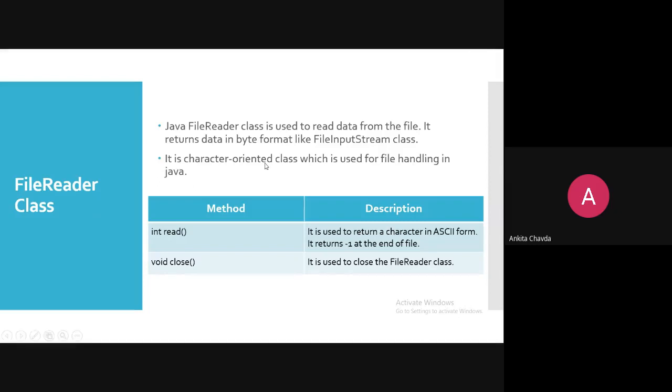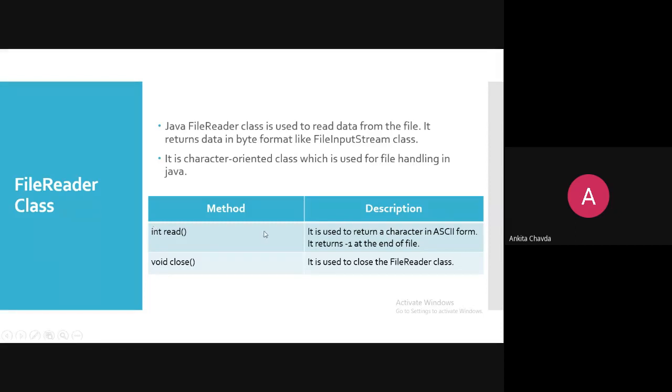Whenever you are writing some data into a character oriented stream, but you are reading the data with the file input stream, that is not possible, right? So instead of that, Java has provided classes like file reader, which read the data, though it is in byte format. Right? So here this read method has return type integer, not character. Please remember this thing.